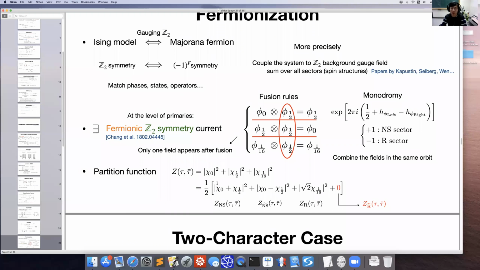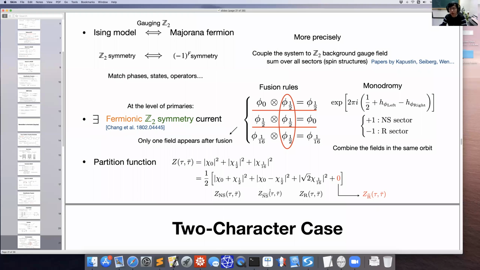This transformation is basically trivial because you just change tau to tau+1, so you only get a minus sign here. Those sectors are trivial transformations in some sense.